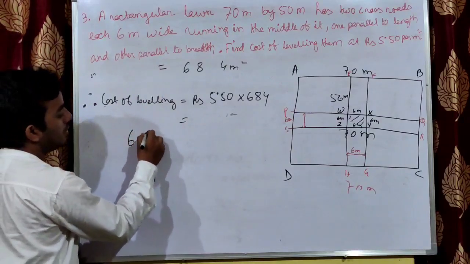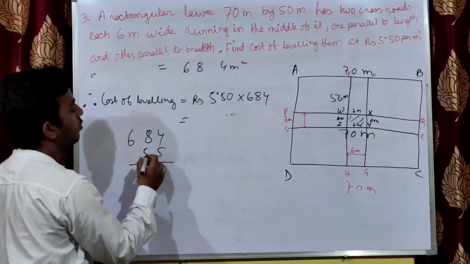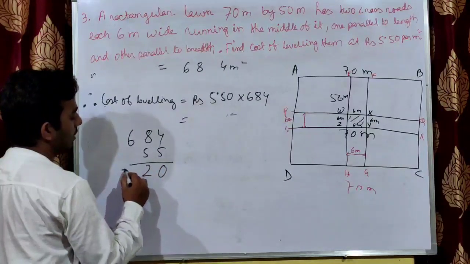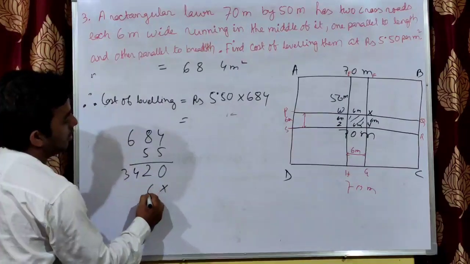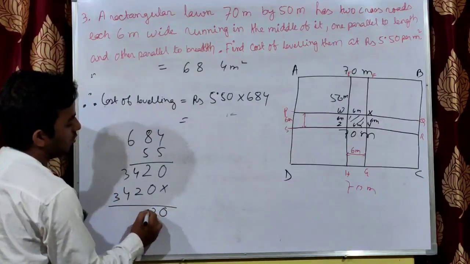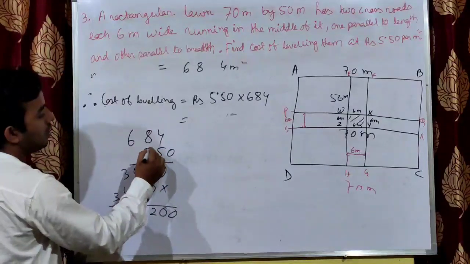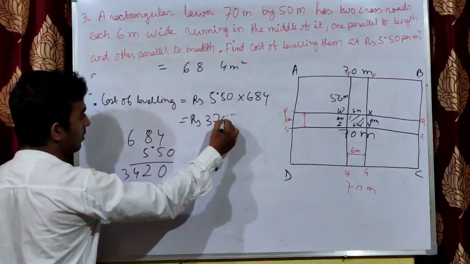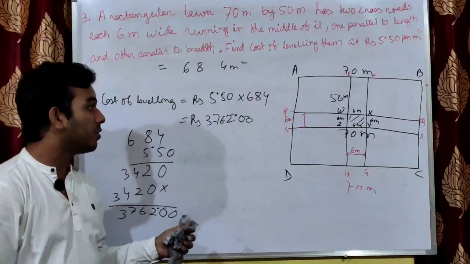Let us multiply 684 into 5, into 4, and so on, then adding the rows. It will be rupees 3762.00. That is our cost of leveling the road, 3762.